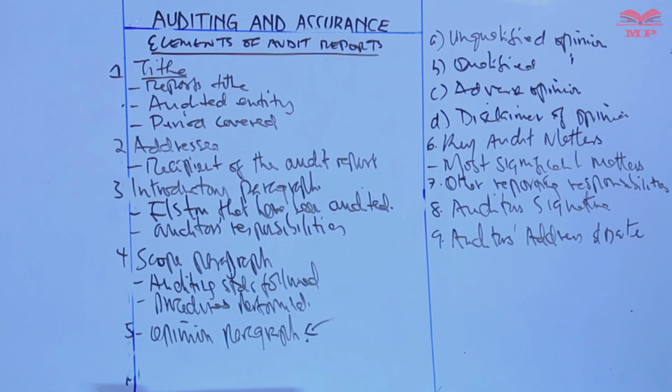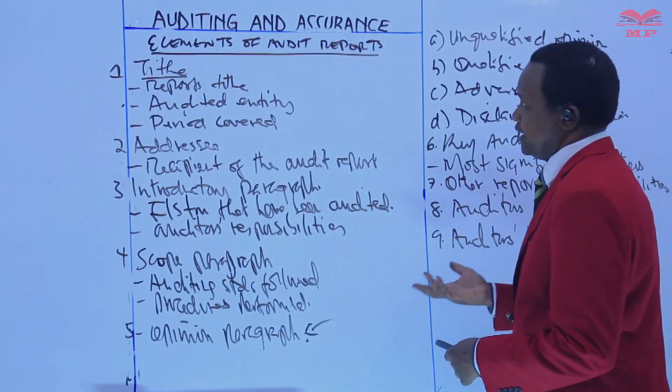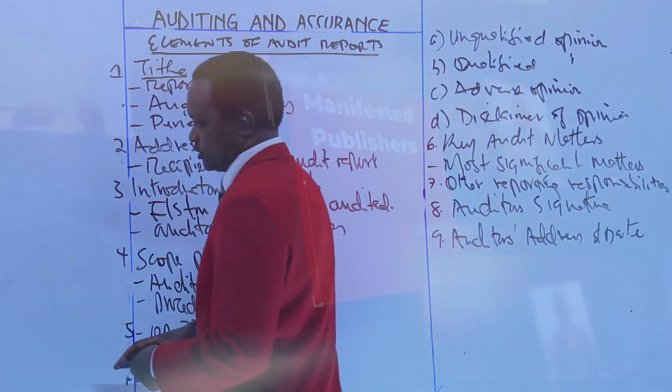This section provides the auditor's address and the date of the audit report. So these are 9 elements of the auditor's report.